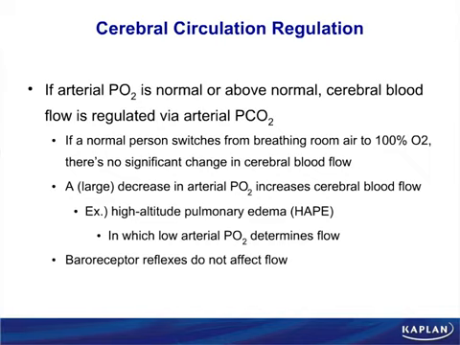It is PCO2 number one, and then a large drop in PO2. All right, a large drop in PO2, which again can occur in high altitude or high altitude pulmonary edema. Even without the pulmonary edema, you can still see an increase in cerebral blood flow due to the low arterial PO2.